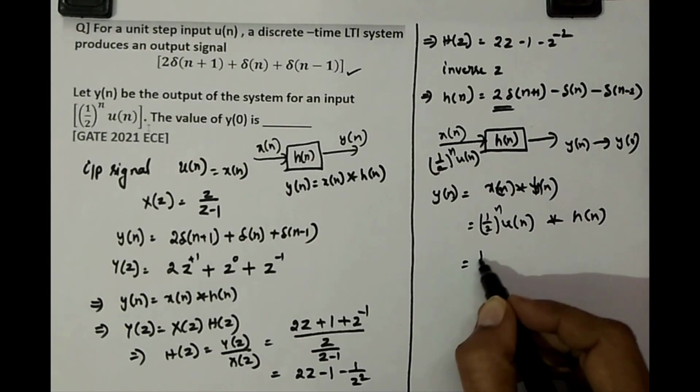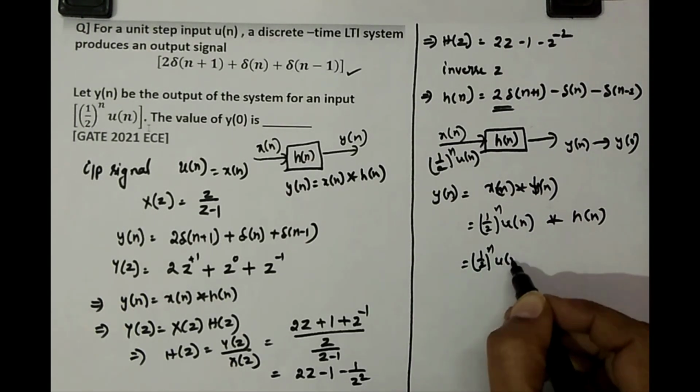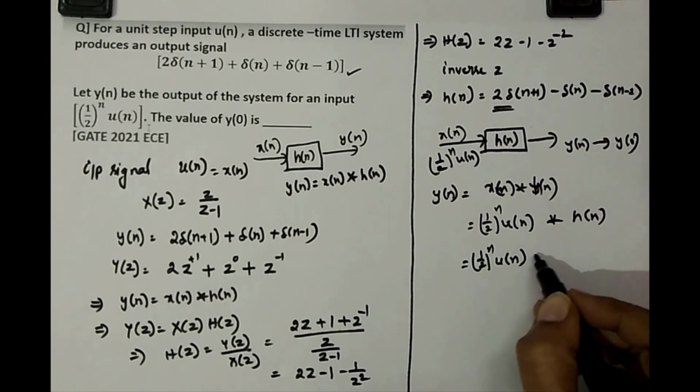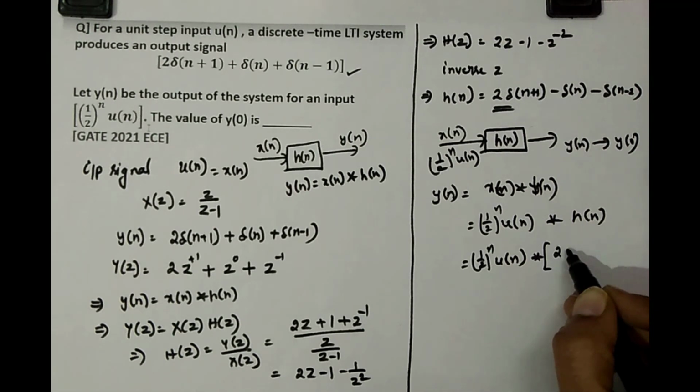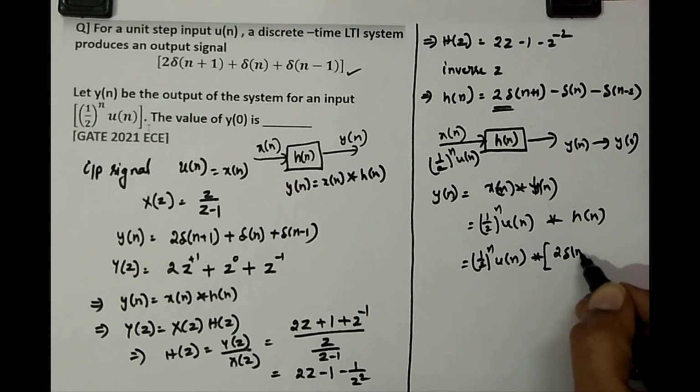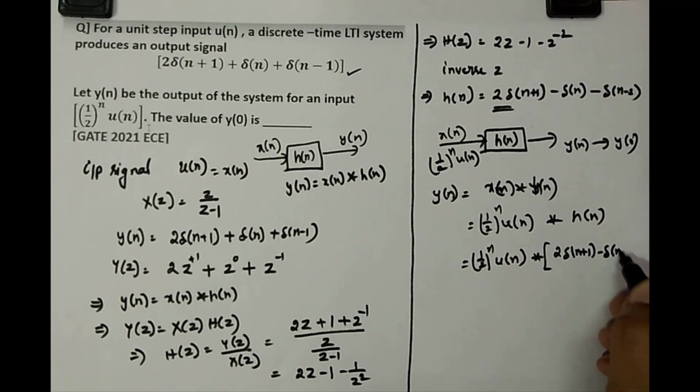That is half power n u of n convolved with 2 delta of n plus 1 minus delta of n minus delta of n minus 2.